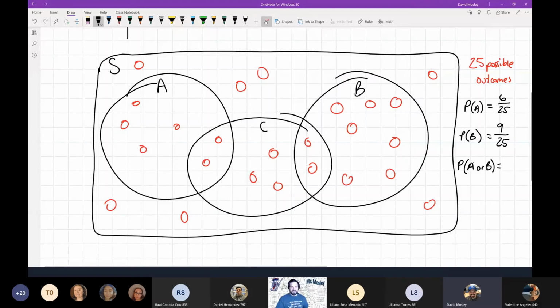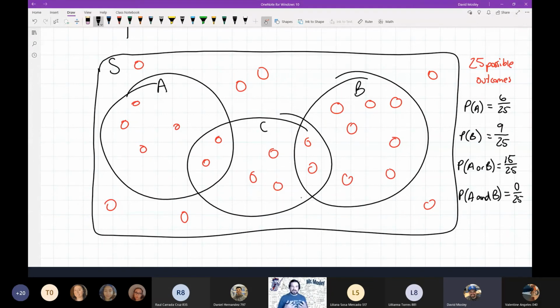So the probability of A or B is 9 plus 6. We get 15 out of 25. The probability of A and B will be 0. And this again is because they share no common circles.